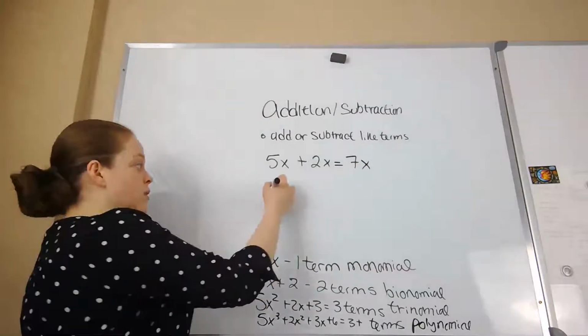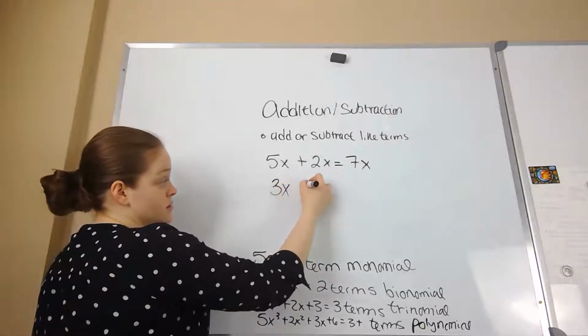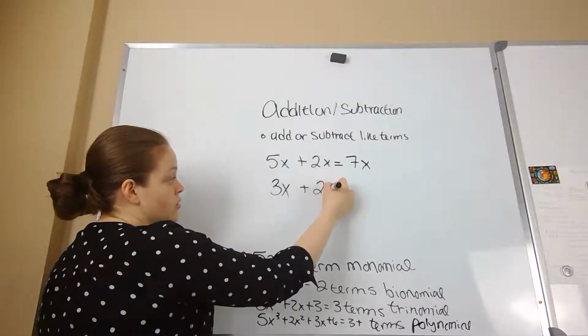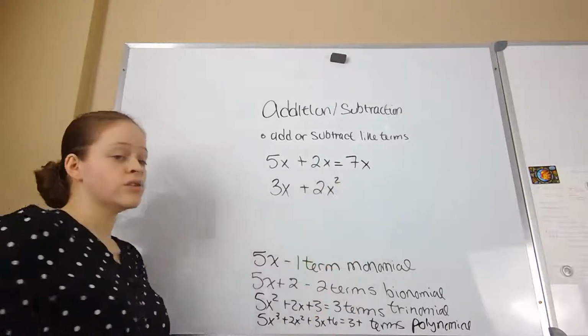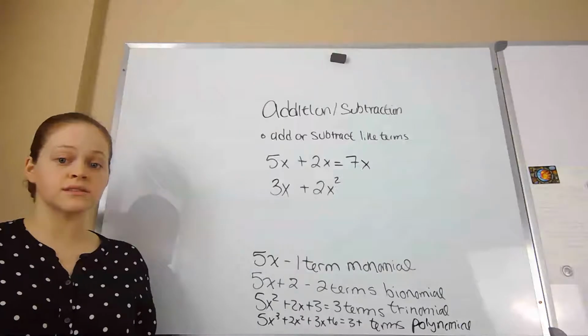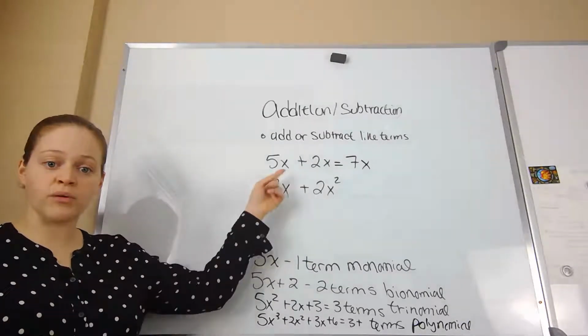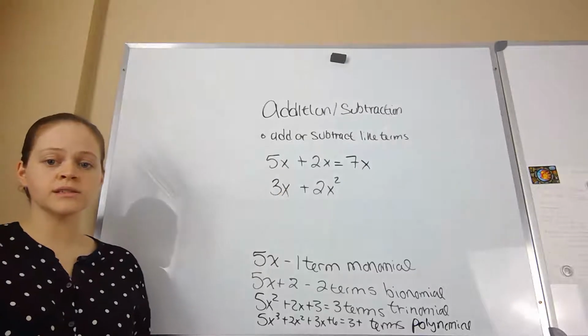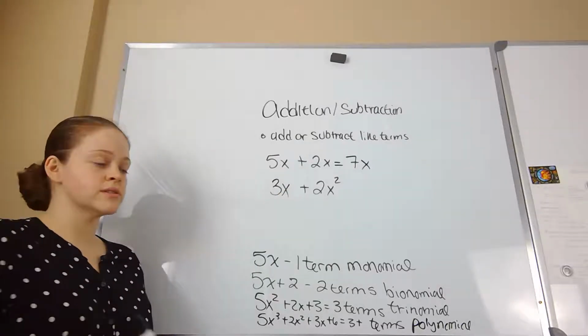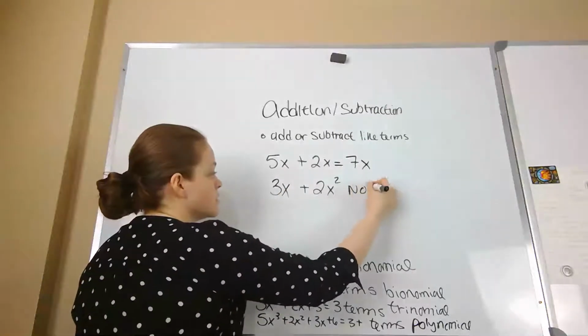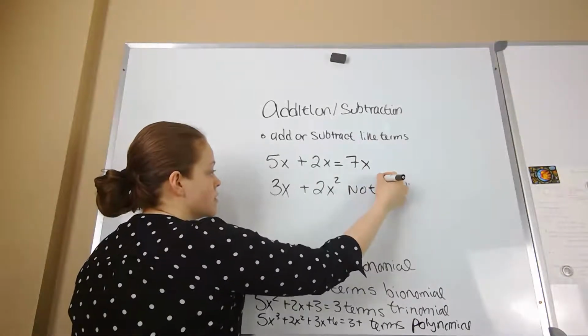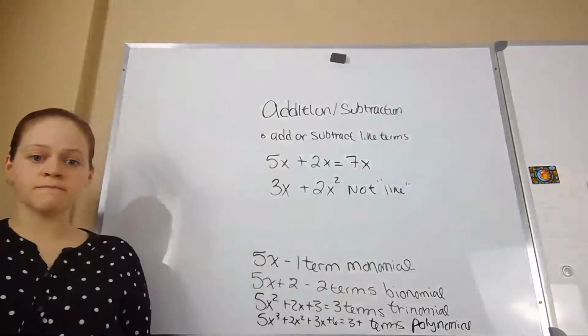But if you had 3x plus 2x squared, you cannot add these. They do not have the same power on the x. They're not like terms.